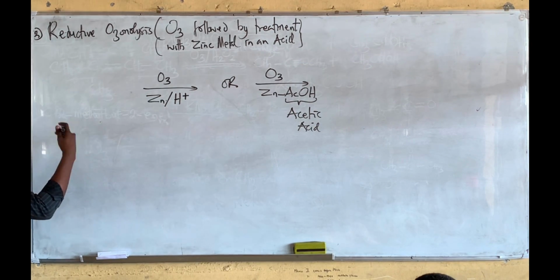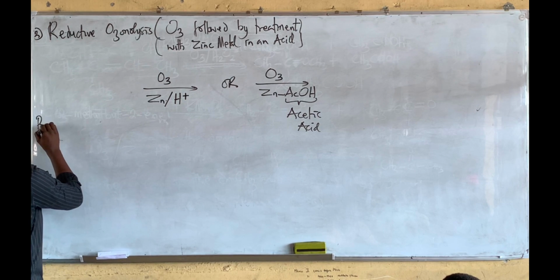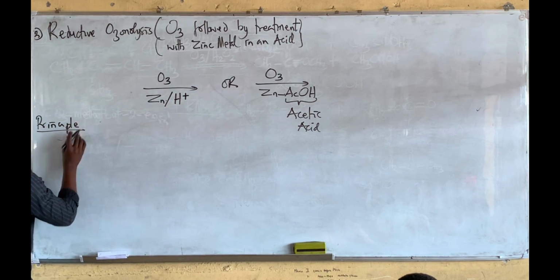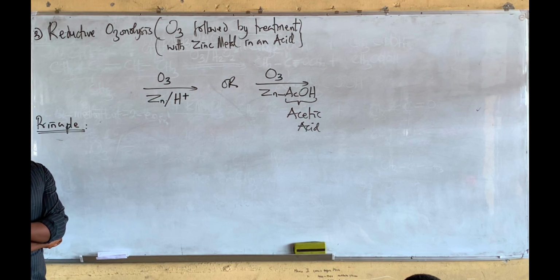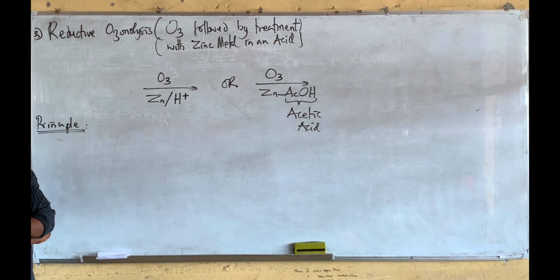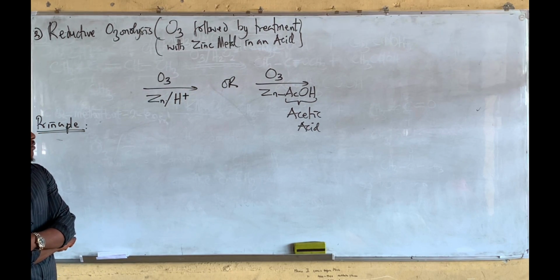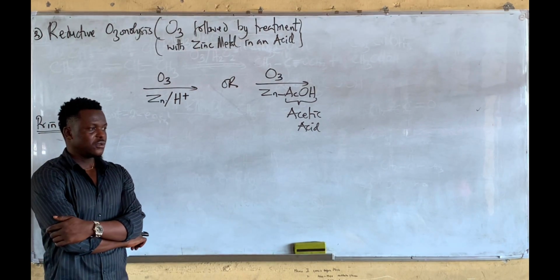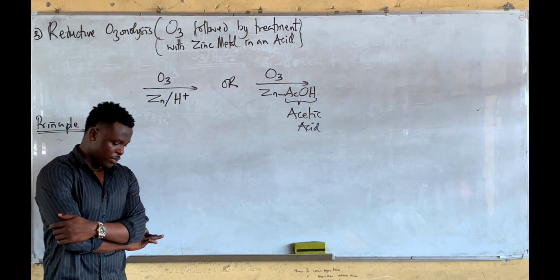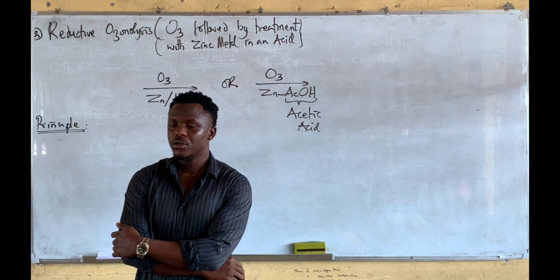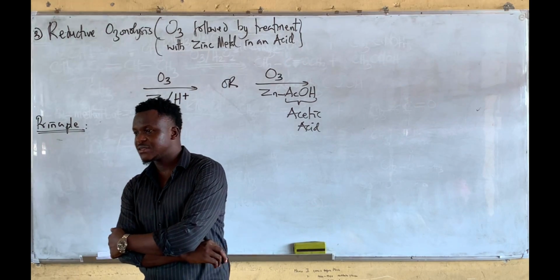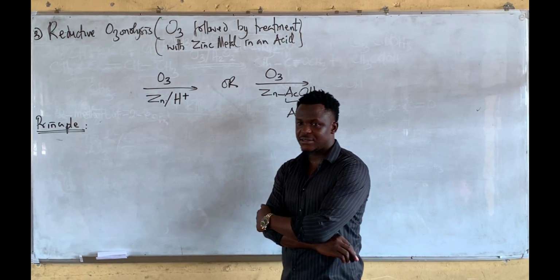Now, how does this work? Let's look at the principle. This reagent will split the double bond into two halves, and convert each half to either aldehydes or ketones.